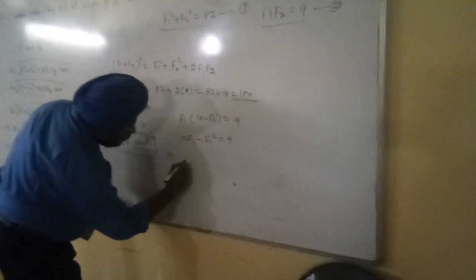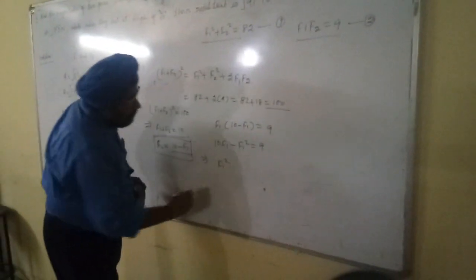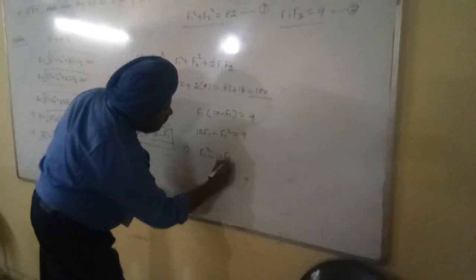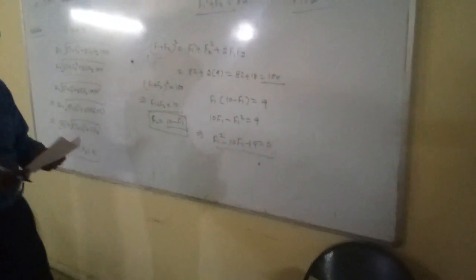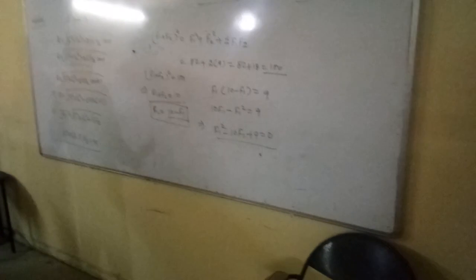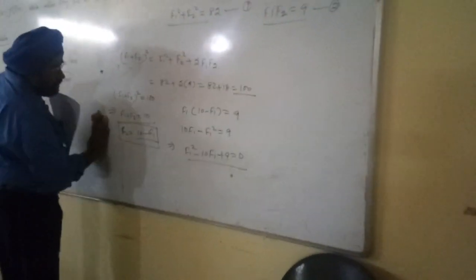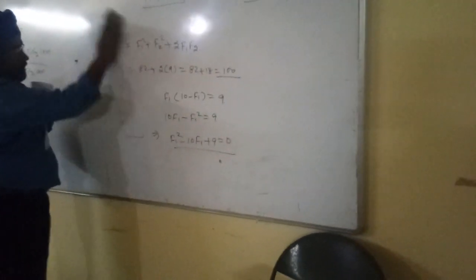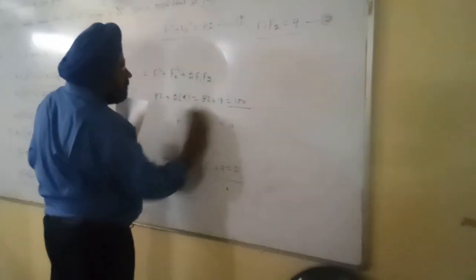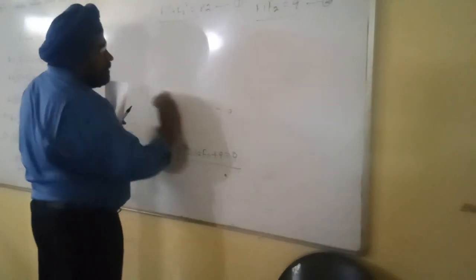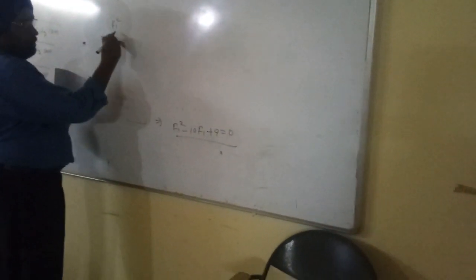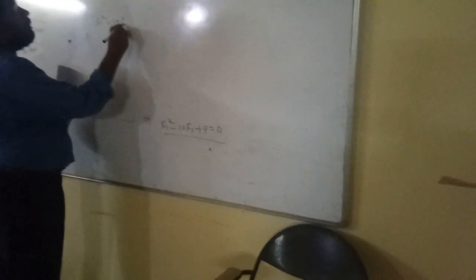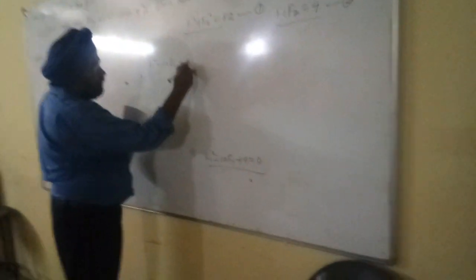So this is F1² minus 10F1 plus 9 is equal to 0. This is our quadratic equation in F1.